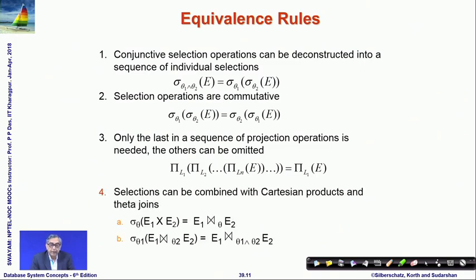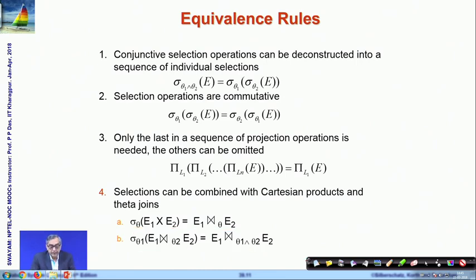The selection can be combined with Cartesian product and theta join also, that is, taking a Cartesian product and then doing a selection is equivalent to doing a theta join. This of course is almost the definition, and if I have a join by theta 2 and then do a selection with theta 1, it is equivalent to doing a theta join with theta 1 conjunction theta 2. So, these are all equivalent forms.